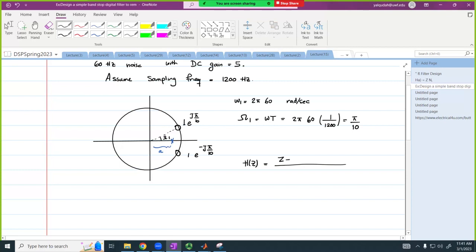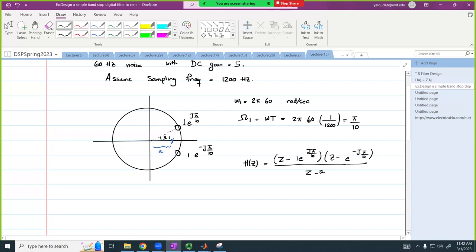It's going to be z minus e to j pi over 10 multiplied by z minus e to negative j pi over 10 divided by z minus a.